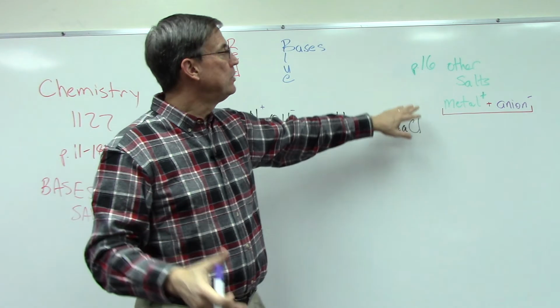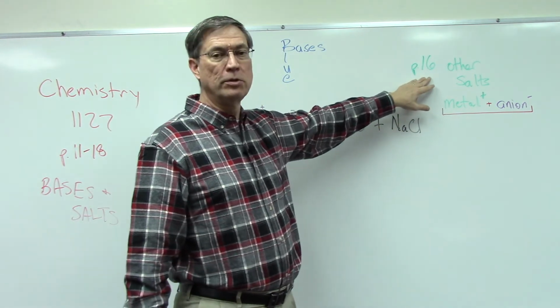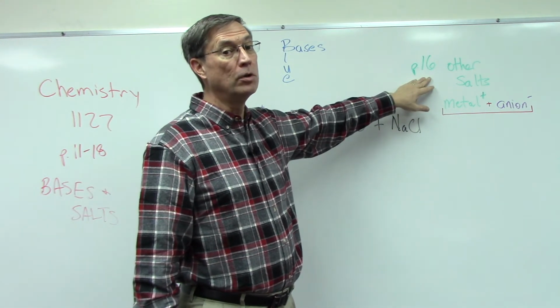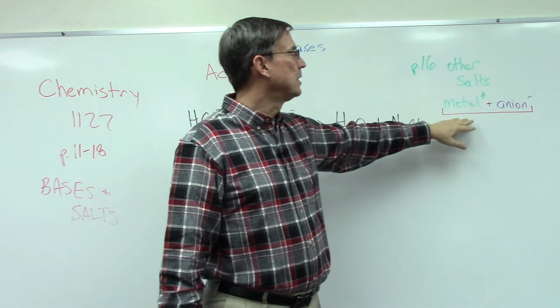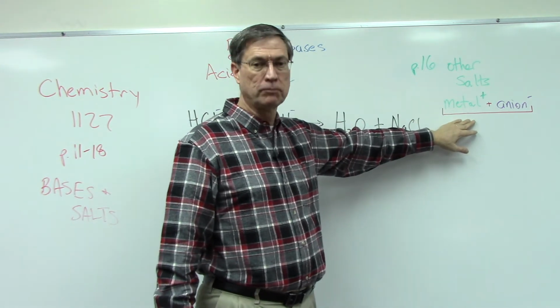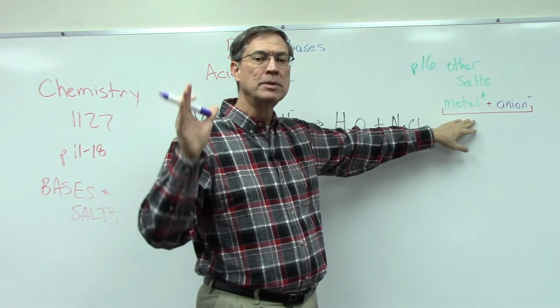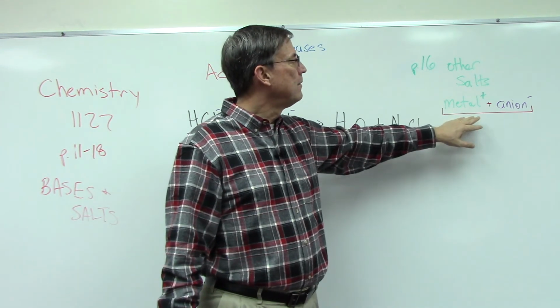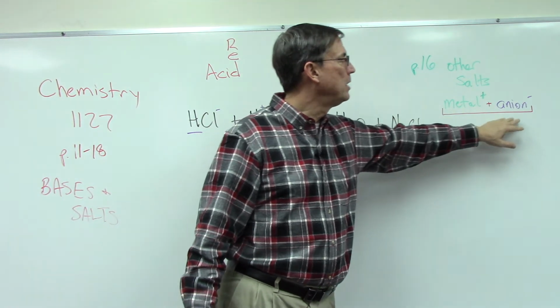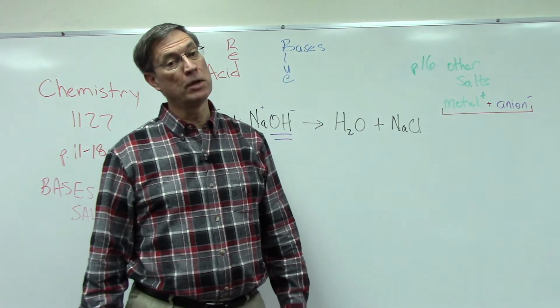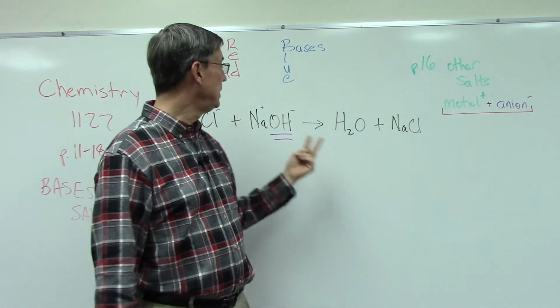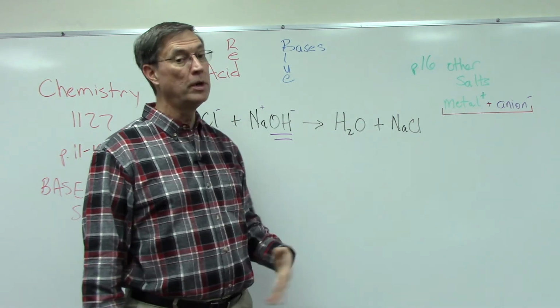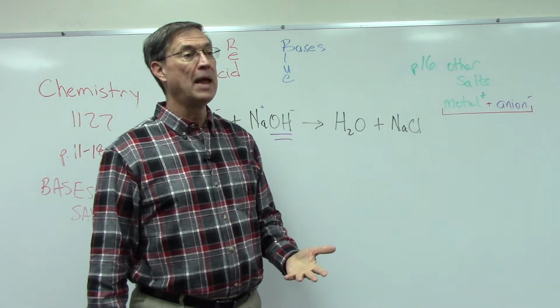However, on page 16, if you look at the chart there, you'll see a lot of other salts. Anything that is a combination of a metal, so it's from the first two columns of the periodic table, alkali and alkaline earth metals, being combined with an anion, which could be a single element or it could be an OH, hydroxide, or there are other anions.